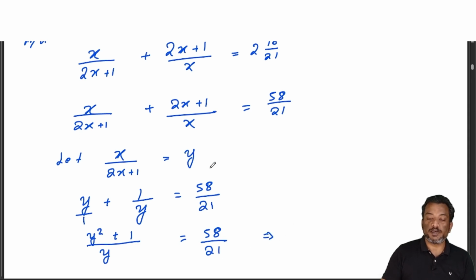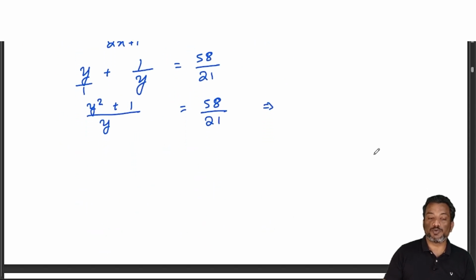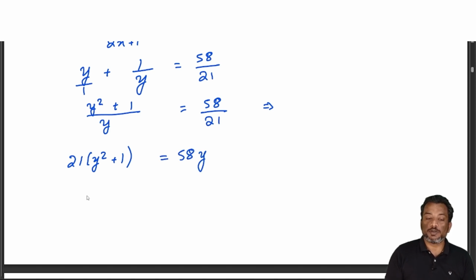So if you do cross multiplication, you get 21 times y square plus 1 is equal to 58y. So this is 21y square plus 21, and you can transpose the 58y to the other side. So you will get minus 58y is equal to 0.